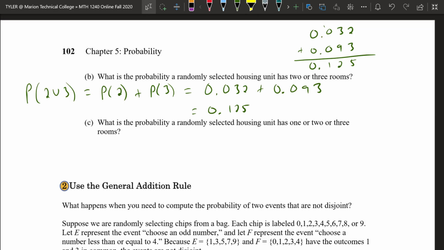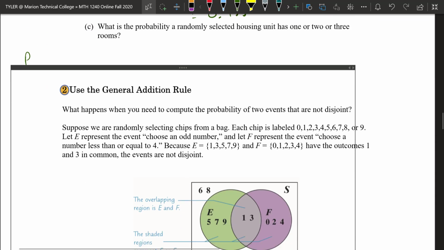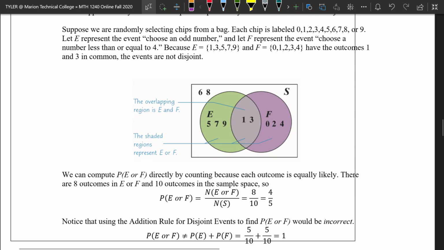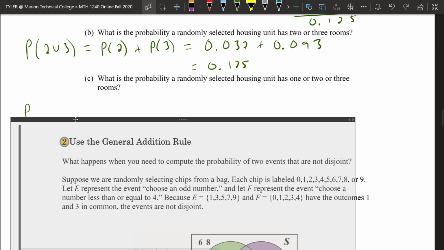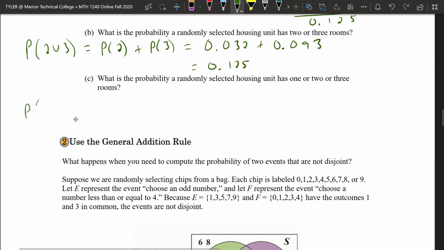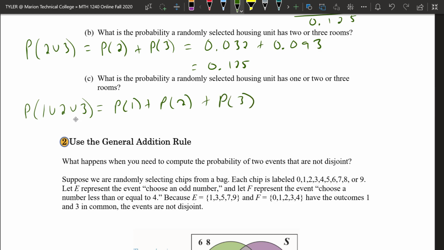Then part C, we have, what is the probability a randomly selected housing unit has 1 or 2 or 3 rooms? This would be the probability of getting a 1 or 2 or 3, which would be equal to the probability of a 1 plus the probability of 2 plus the probability of 3.